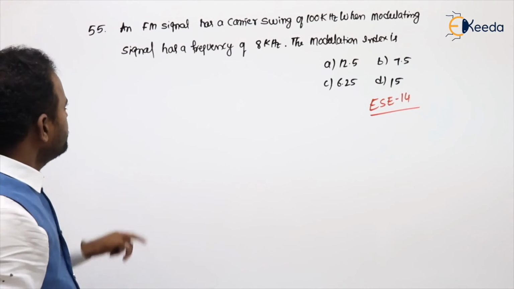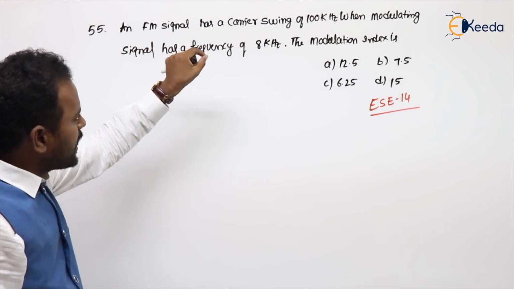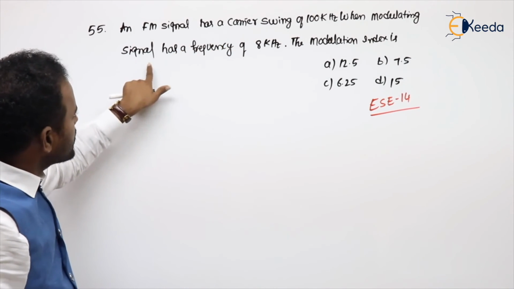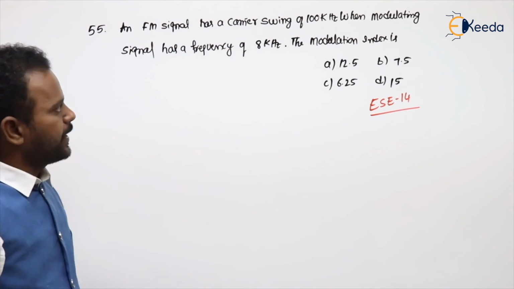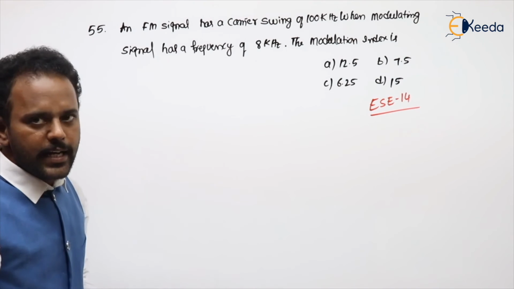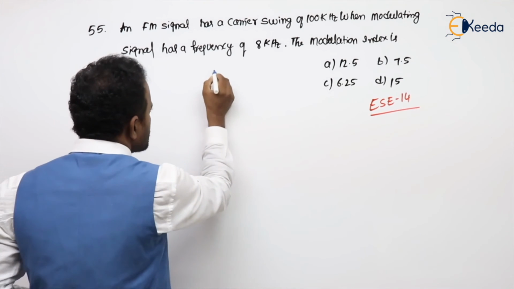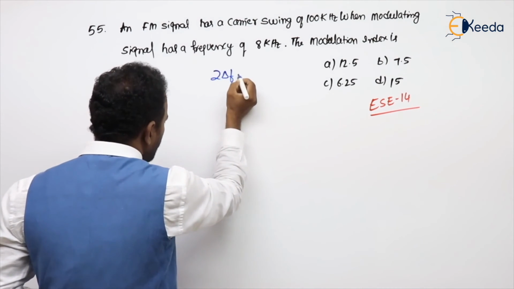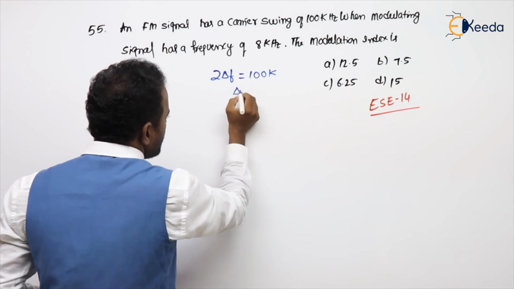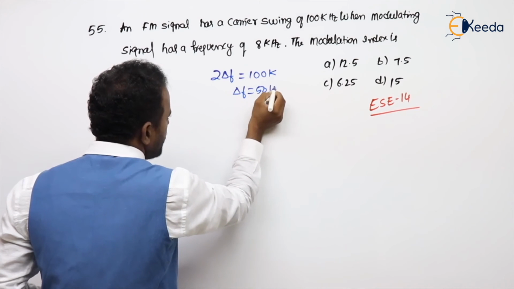See the next problem. An FM signal has a carrier swing of 100 kHz when the modulating signal has a frequency of 8K. The modulation index is asked. What does carrier swing mean? 2 delta f. The value itself is 100K. Then obviously delta f will be 50K.